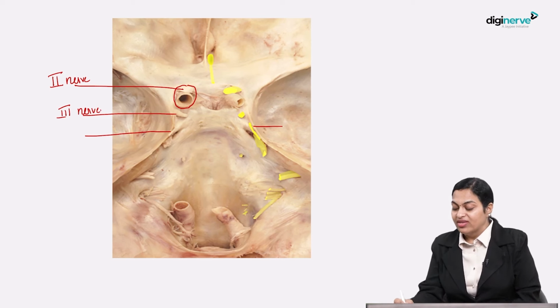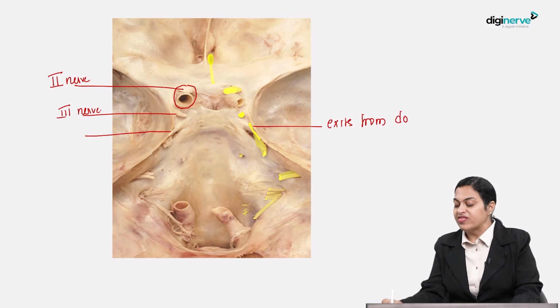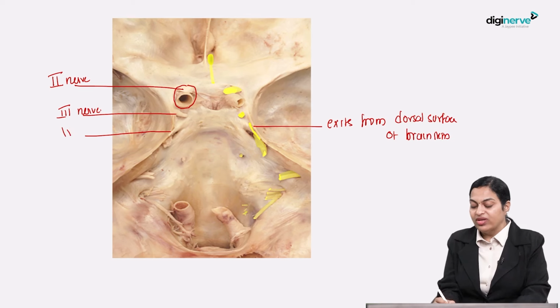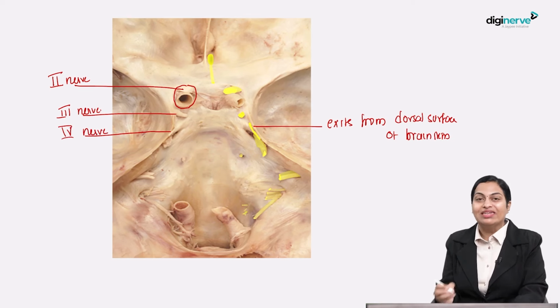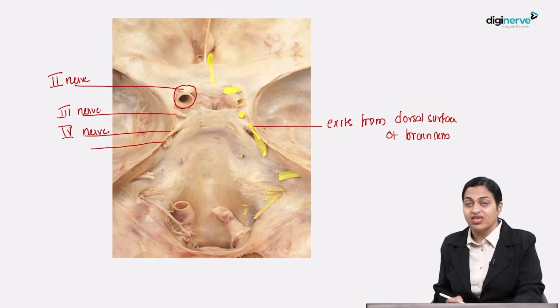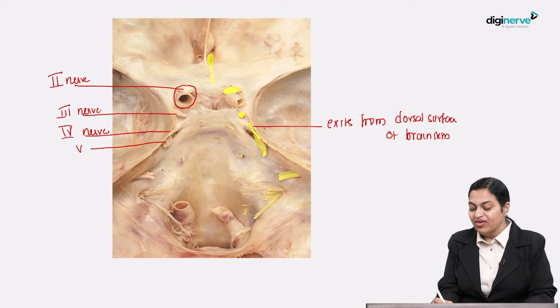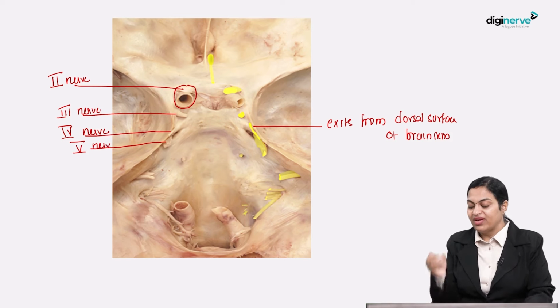Not only that, this is the only cranial nerve that exits from the dorsal surface of the brainstem. The fourth cranial nerve, trochlear nerve. And as I told you, this one you can never make a mistake. The thickest of all the cranial nerves, the fifth nerve, trigeminal nerve, right?